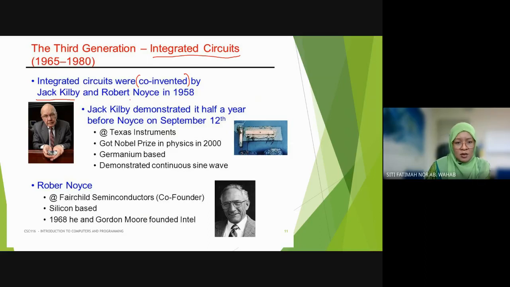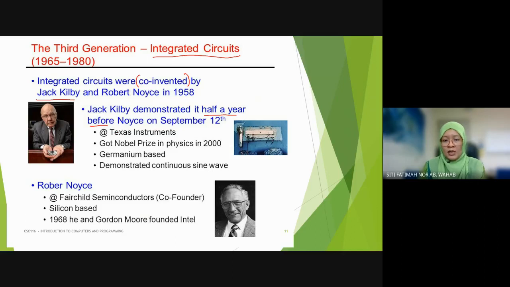Did they work together? Let's see Jack Kilby first. Jack Kilby demonstrated it half a year before Noyce, on 12th September. So half a year before. So they did not work together, okay?